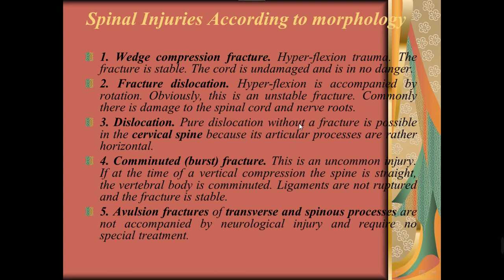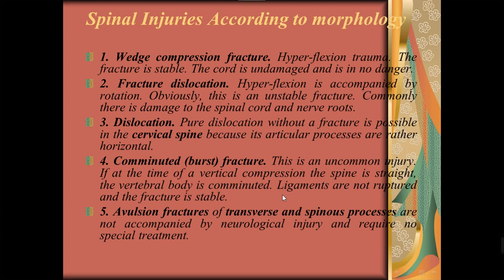Pure dislocation without fracture is possible in the cervical spine because its articular processes are rather horizontal. Comminuted or burst fracture is an uncommon injury. If at the time of vertical compression the spine is straight, the vertebral body is comminuted, ligaments are not ruptured, and the fracture is stable. Put in your mind the following: the fracture is stable if the ligaments are not ruptured and still in place.